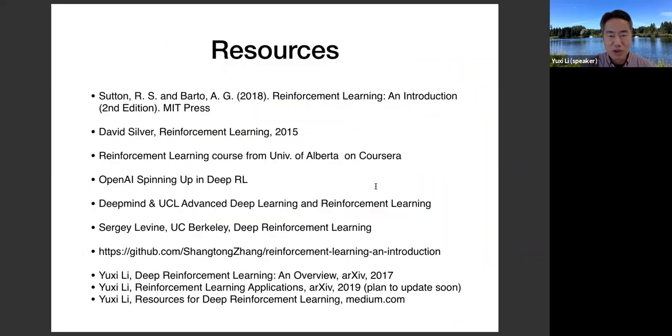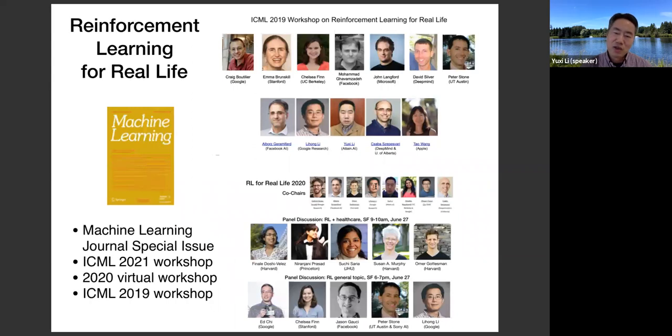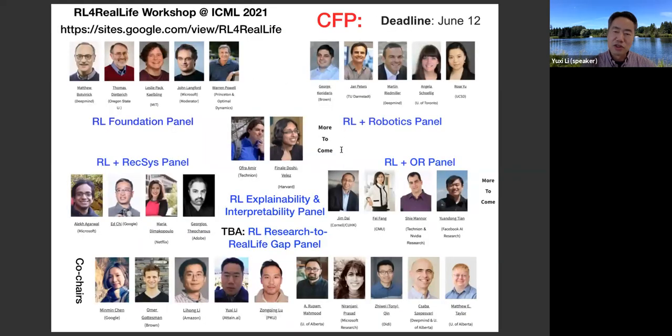I put some resources here. We organize workshops. We organize this machine learning special issue, and we have had two workshops already, and this year's is coming. We are still calling for papers, and the deadline is July 23rd. We have very excellent panels, six panels from theory to practice.